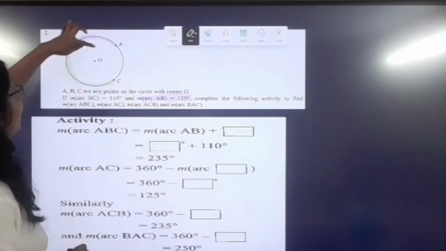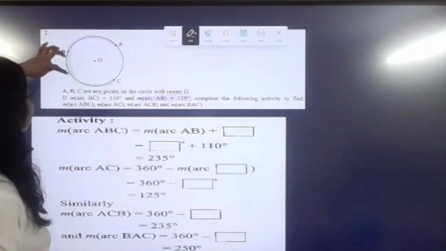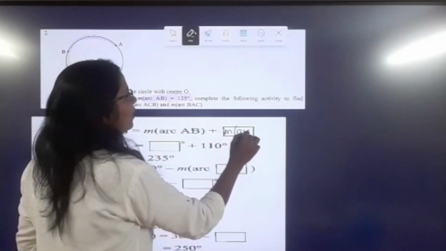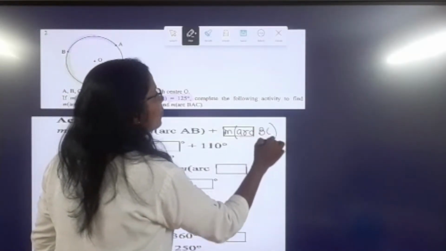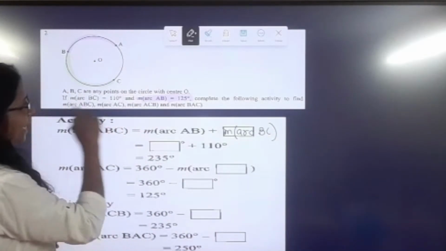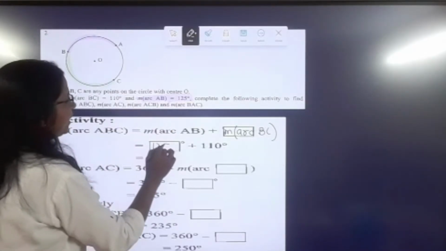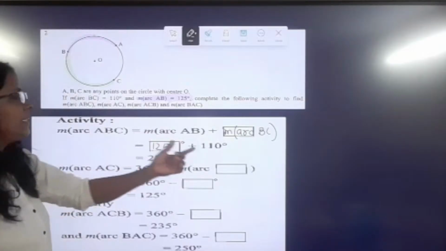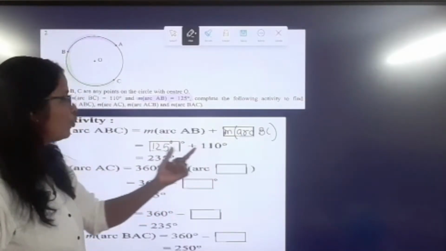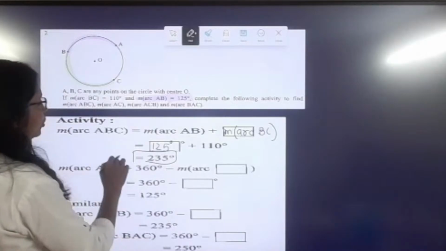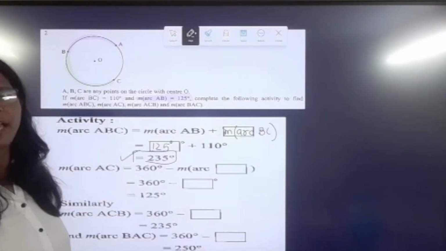Here major arc AB is given, that is 125 degree, and major arc BC is also given, that is 110 degree. So their addition is 235 degree.